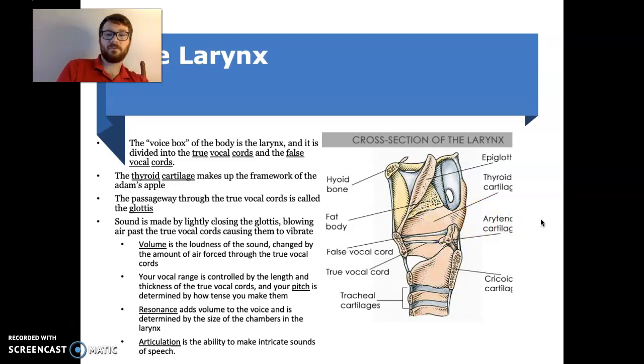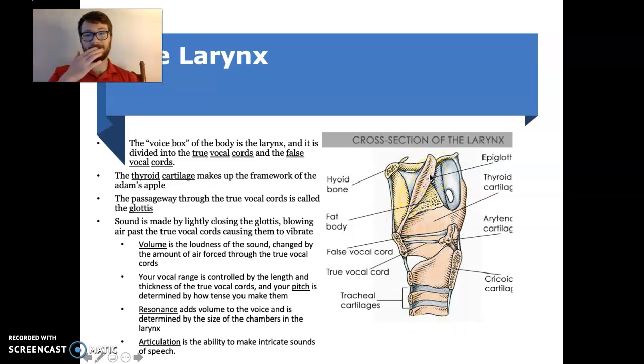And the passageway through the true vocal cords is called the glottis. Now, since this is a cross section, we cannot see the glottis, but there is a pathway ranging through these, which carries air to and from the lungs. You can also see the epiglottis, which I didn't even mention.